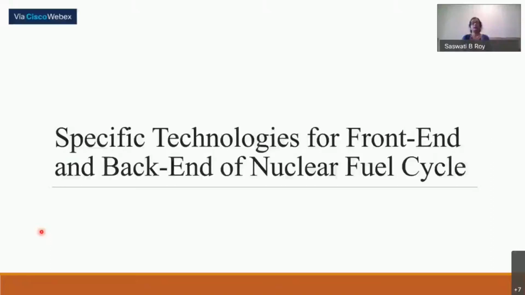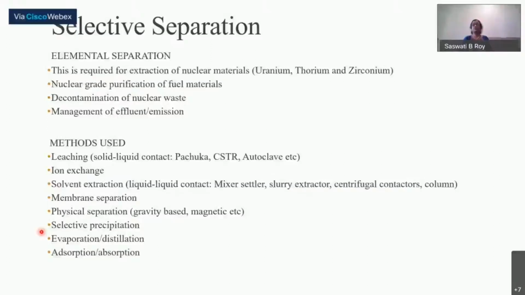So with this, I start today's lecture, which is on the specific technologies required for both the front end and back end of the nuclear fuel cycle. These technologies are also specifically required for maintaining your neutron economy.